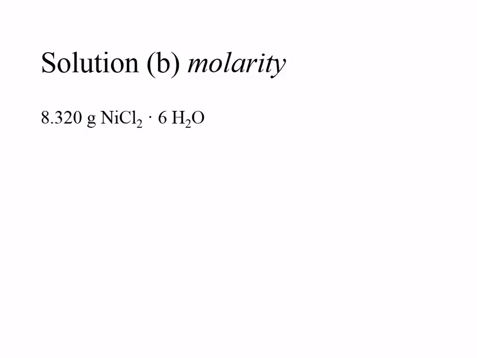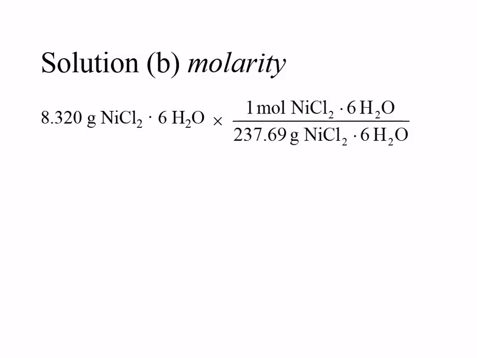I would take the mass, in this case, of the hydrated salt, the whole enchilada, the 8.320 grams of NiCl2.6H2O, and I would try to knock out moles of the anhydrate, the NiCl2. So I would put that term over 1.